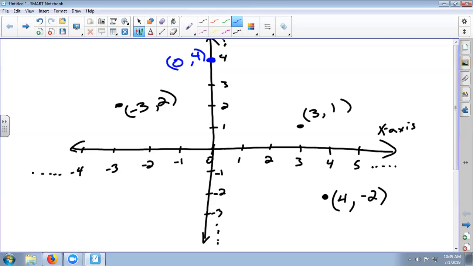If it's where we touch the x-axis, then it's considered an x-intercept. An x-intercept is where we cross the x-axis. Questions about plotting points?